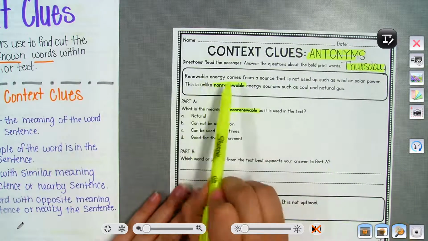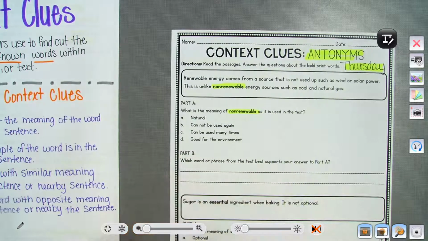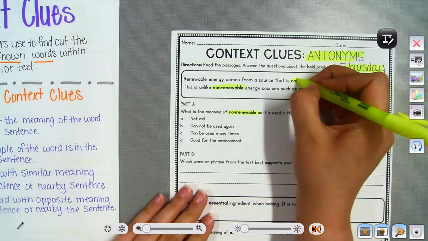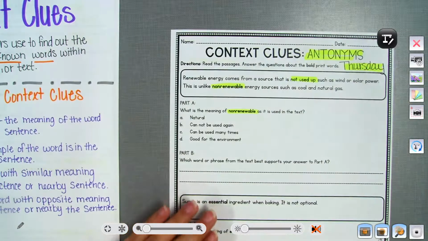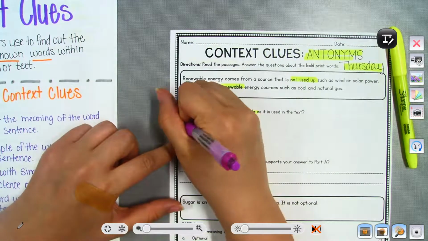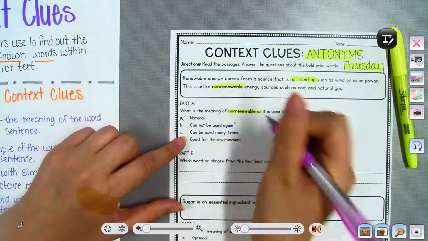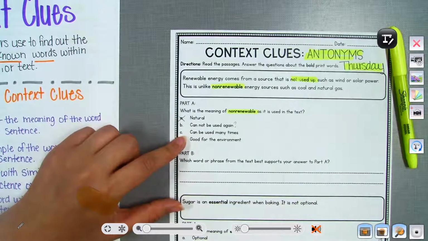It says renewable energy comes from a source that is not used up. So it's going to mean the opposite of not used up. Okay? So let's see. Natural, no. Cannot be used again, maybe. Can be used many times.